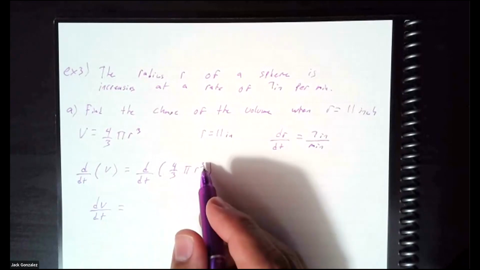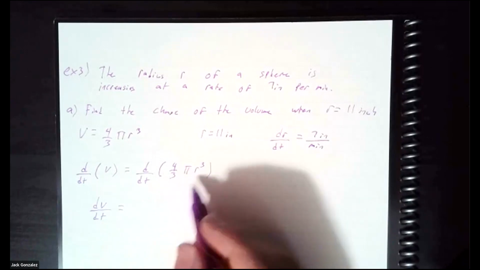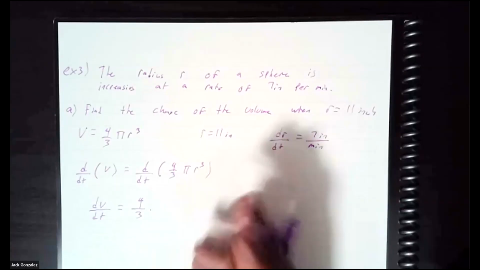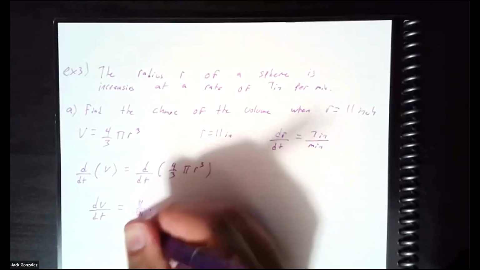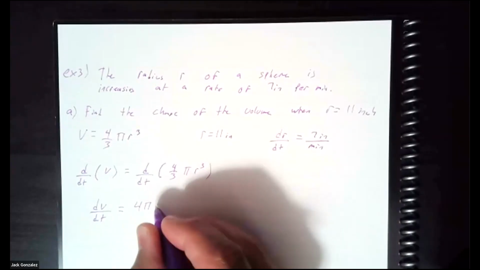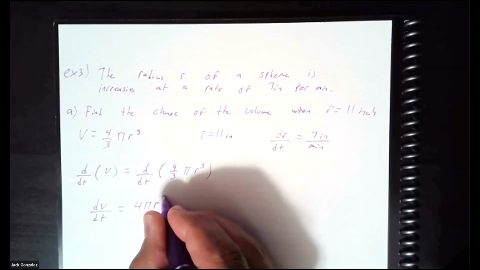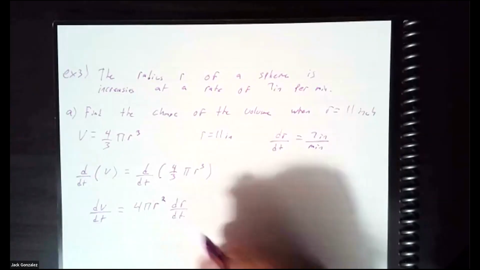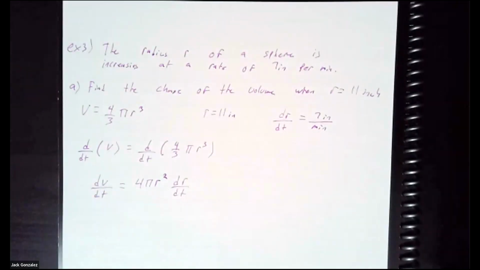What would the derivative here be? 3 times, hold on, so 4 pi? Yeah, 4 pi, wait, there's another 3 here. Times r squared, right? Yes. dr dt. Can't forget our chain rule.